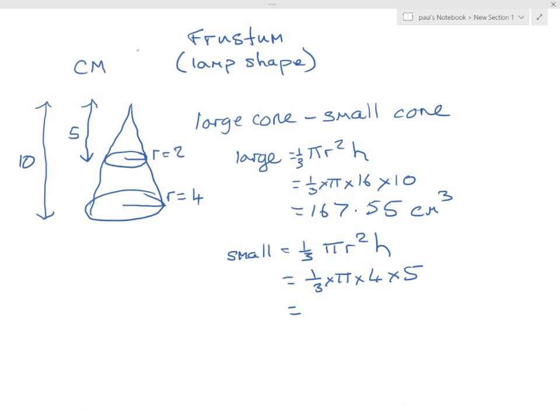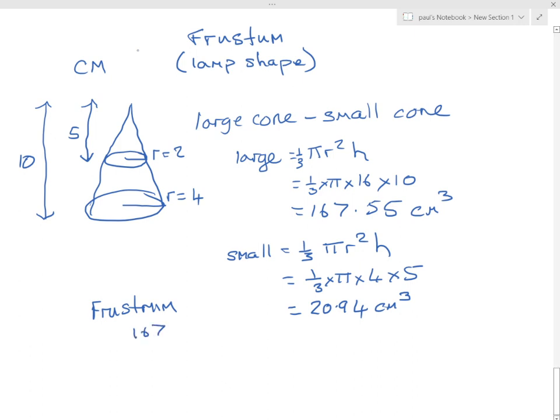So we've now got 1 divided by 3 times pi times 4 times 5 equals 20.94 centimeters cubed there.